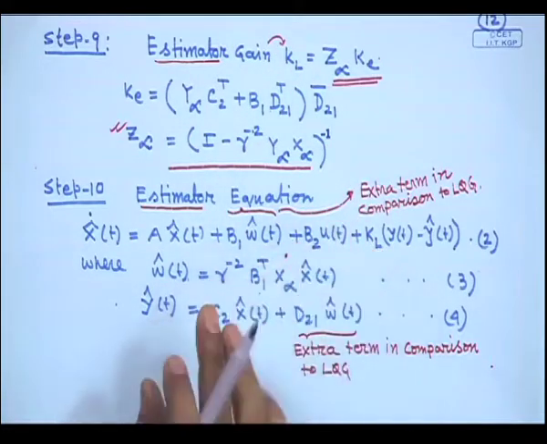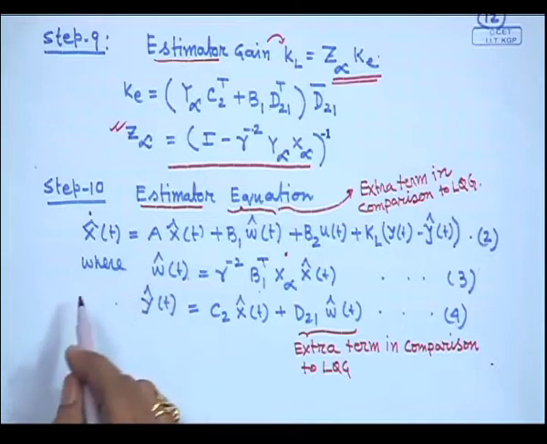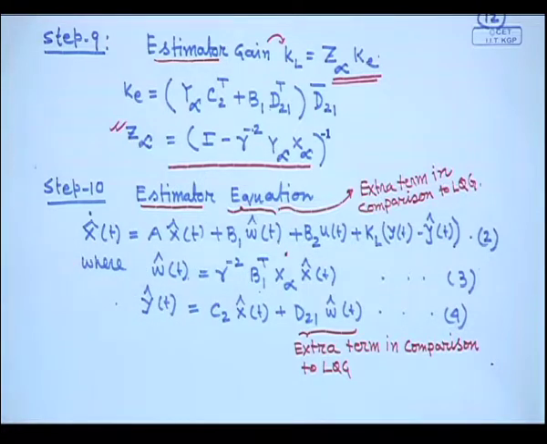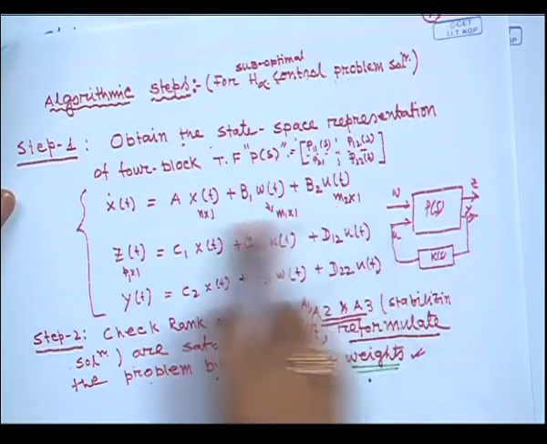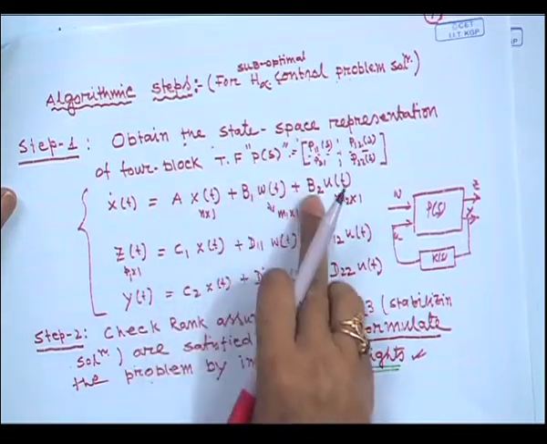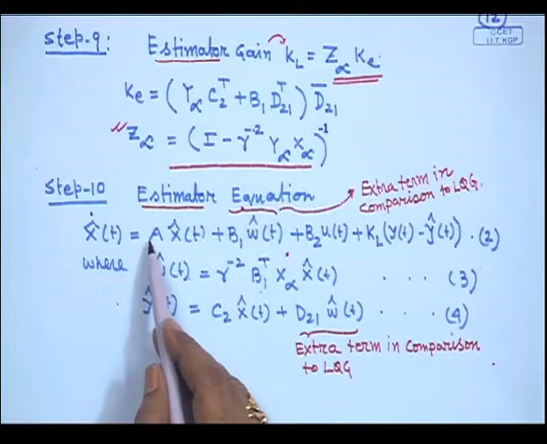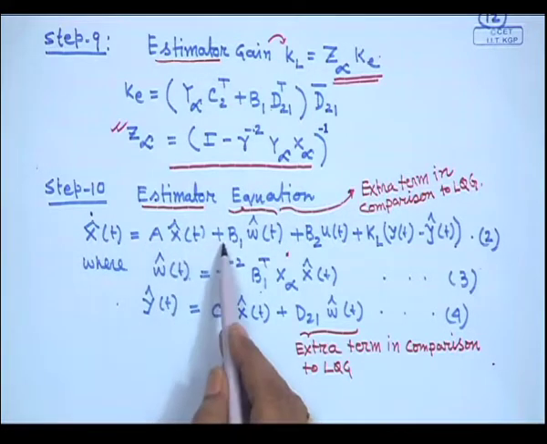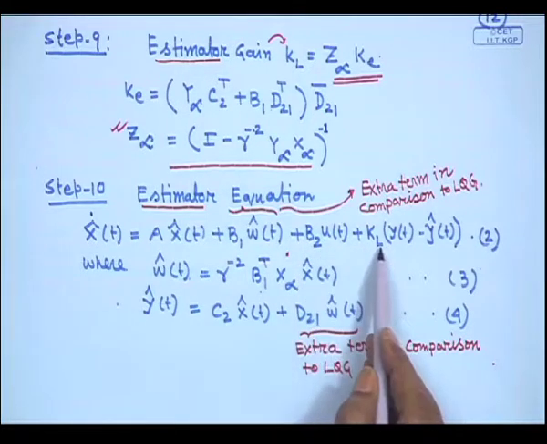As you know the estimator equation, now x hat dot, from the basic equation I can write the estimator equation. You see our basic equation, the estimator equation I can write x hat dot is equal to A hat plus B 1 w hat plus B 2 u of t plus correction term.